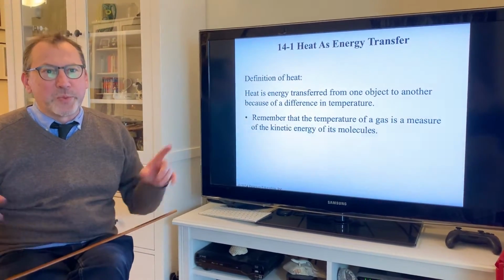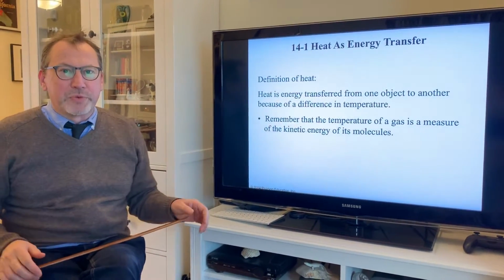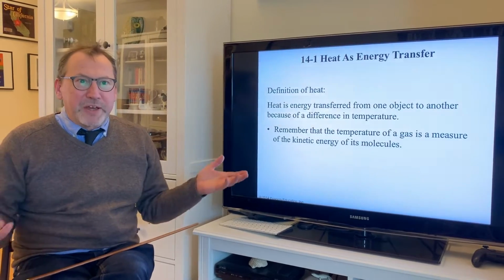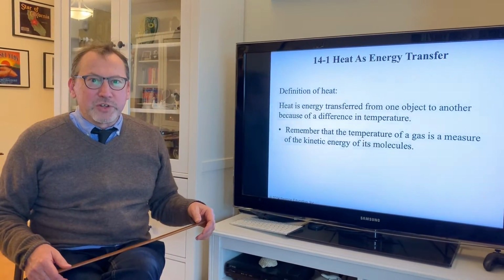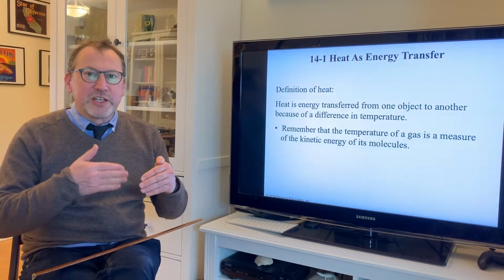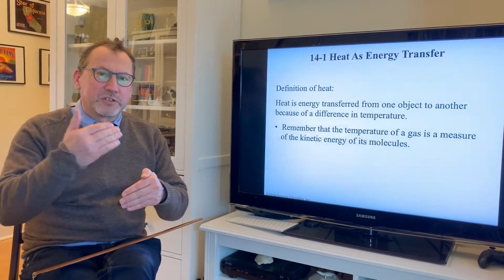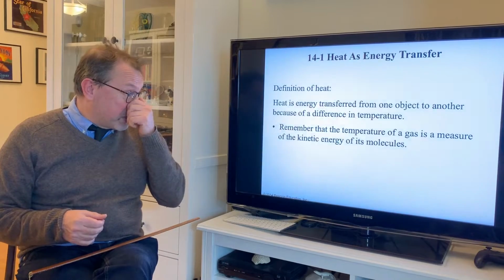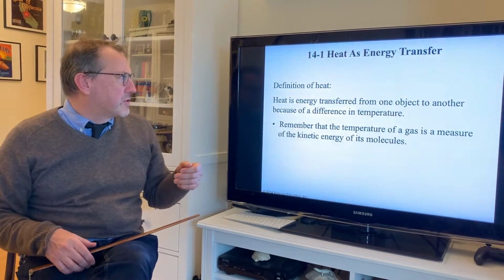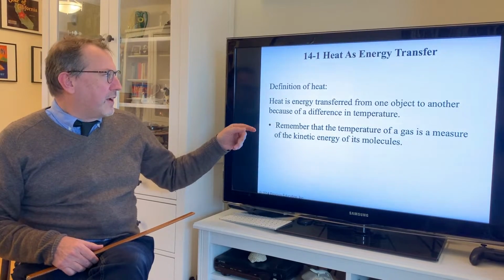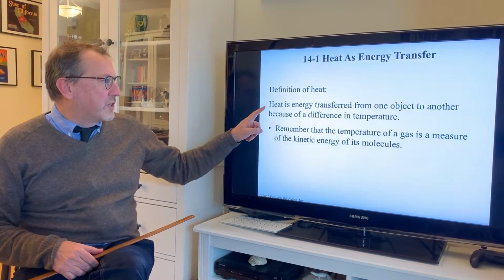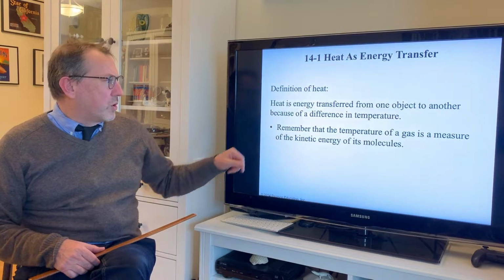What happens when someone running fast bumps into someone running slowly? Well, the fast person loses energy and the slow person gains energy. So what's happened is that the energy has been transferred from hot to cold. So naturally, because of collisions, the heat transfers from hot to cold, right? And so heat then is the energy transferred from a hot object to a cold object.